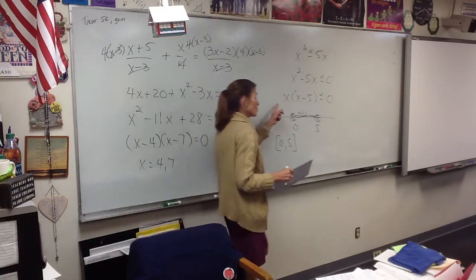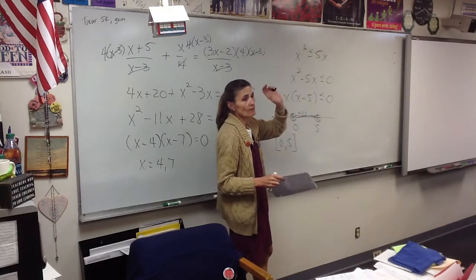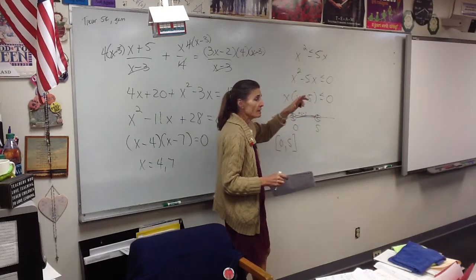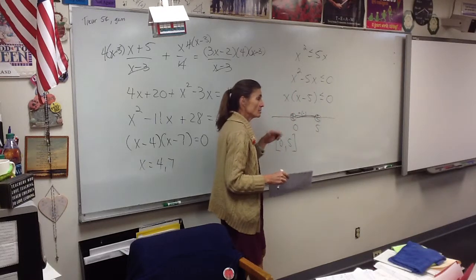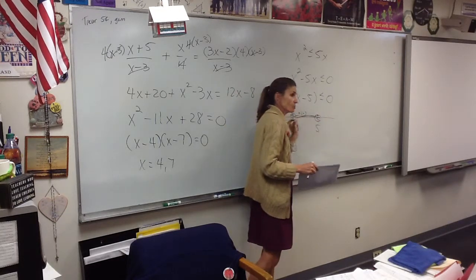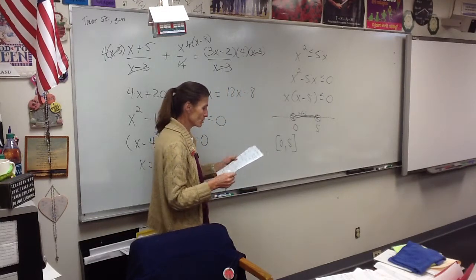Since there's nothing squared here, or square roots, or absolute values, or anything odd, I can trust my alternating thing. But if you are concerned about that, you're going to try numbers in these regions too, right? That's how you can always tell exactly where it's shaded.